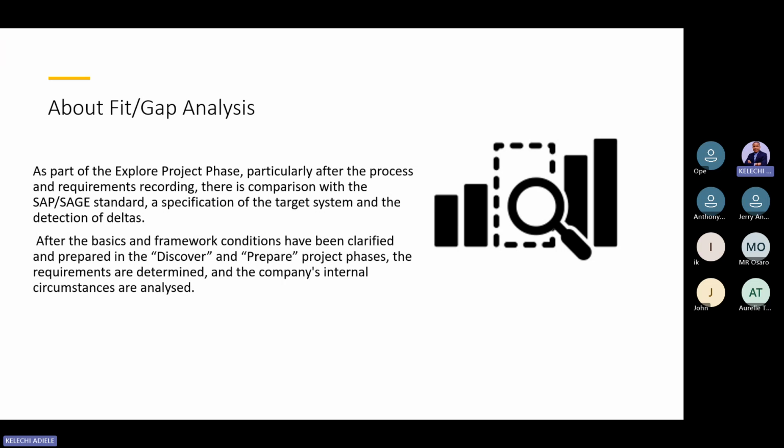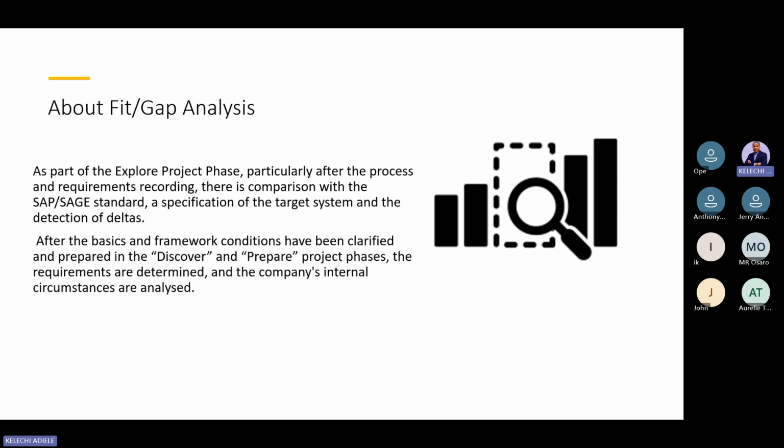You have to compare between the current process and the target system. Deltas are standard processes. Gaps are things that do not fit into your standard processes. After the basic and framework conditions have been clarified and prepared in the discovery and prepare phase, the requirements are determined and the company's internal circumstances are analyzed.